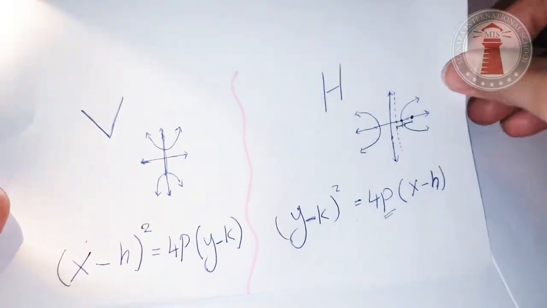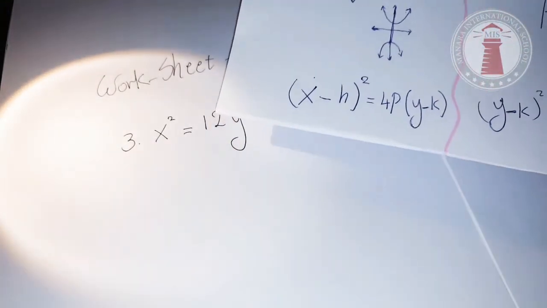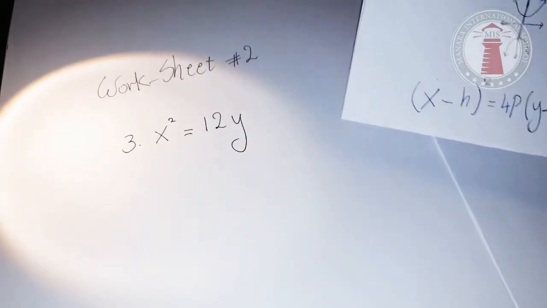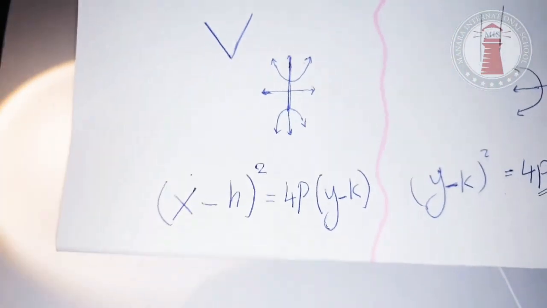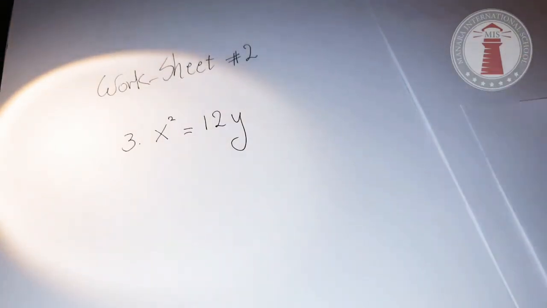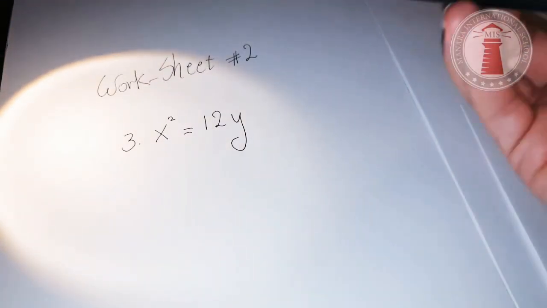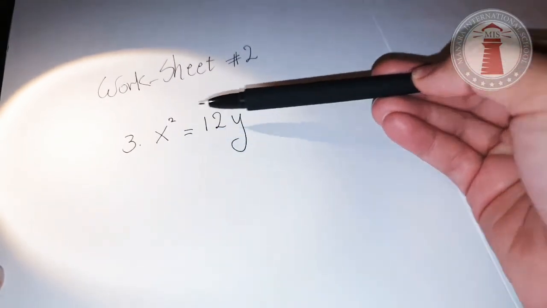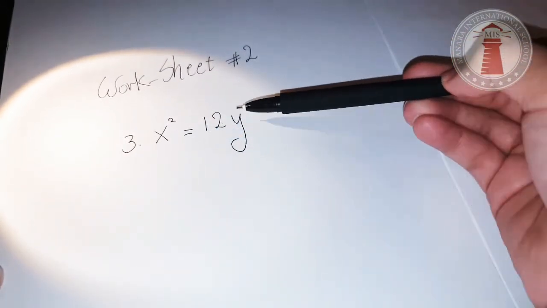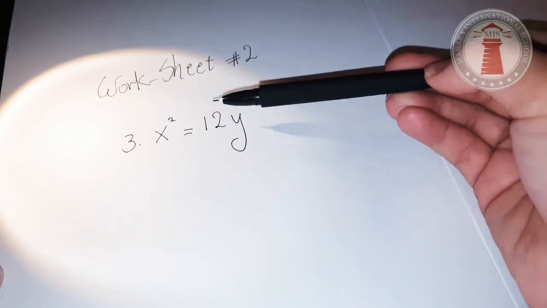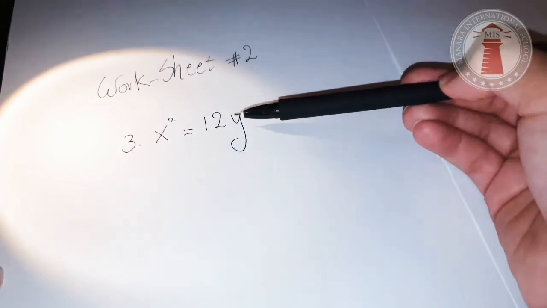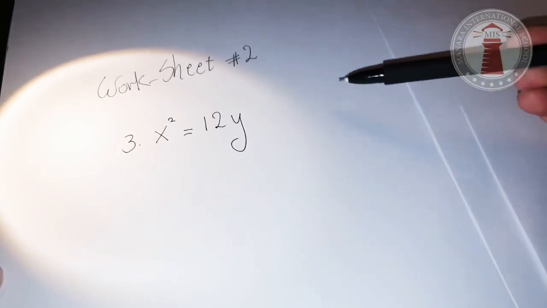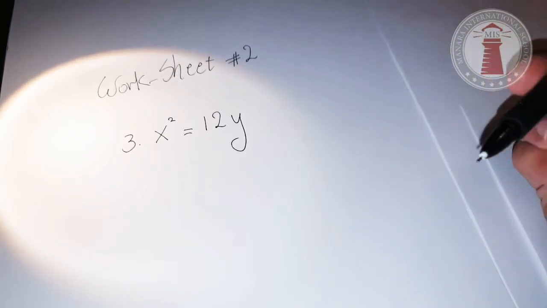So first let's compare this to the equation to see if it's a vertical or a horizontal parabola. If you forgot this formula, you can use common sense. Here we have the square over x, not over y, which means every time you have one value of y, you're going to have two values of x, so the parabola is going to look up or down, which means it's a vertical parabola.